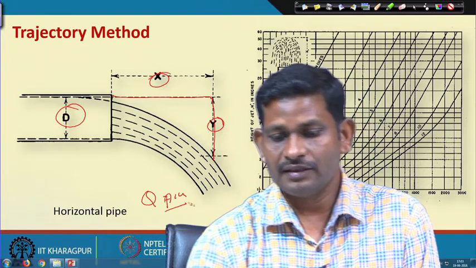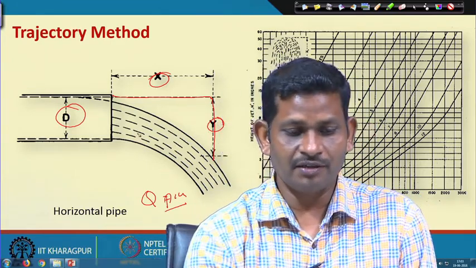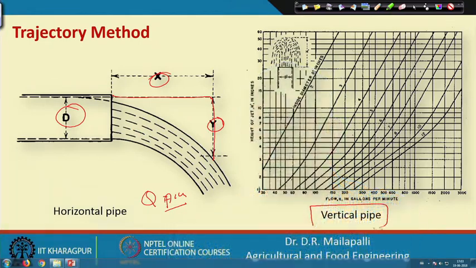pipes. Okay. So, similarly, this is the horizontal pipe, and in case of vertical pipes, this is a nomograph, you can clearly see. So, knowing the diameter D and then height h. Height is given on the y axis and these lines, for different diameter pipes, are given in the nomograph.